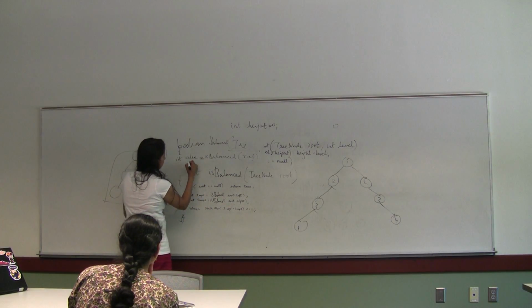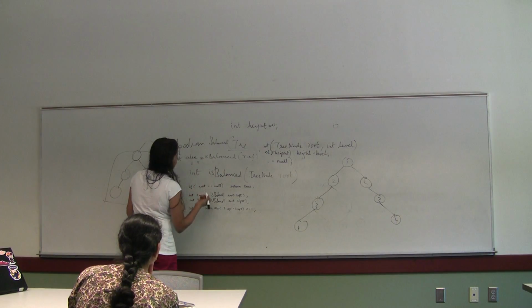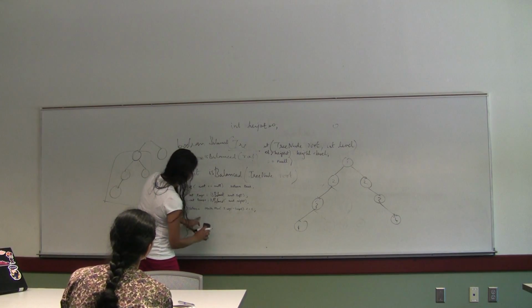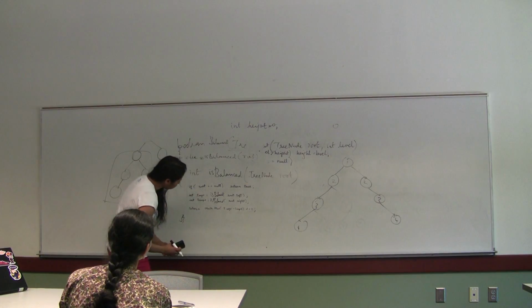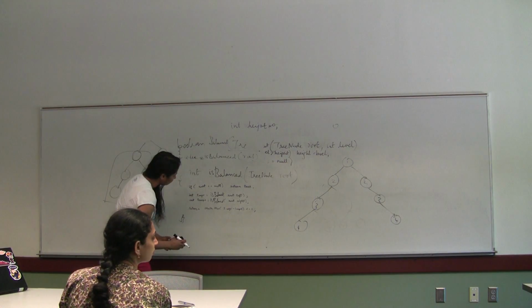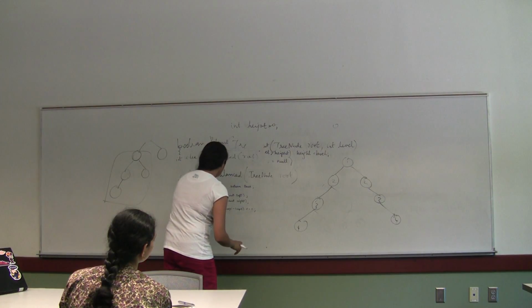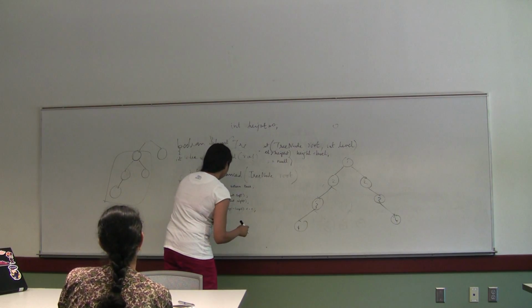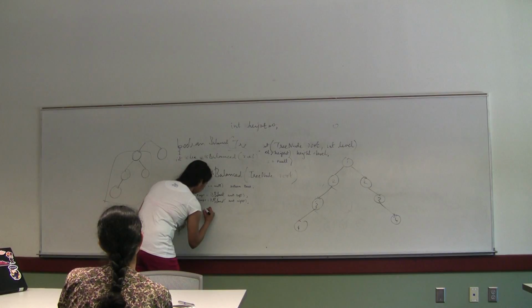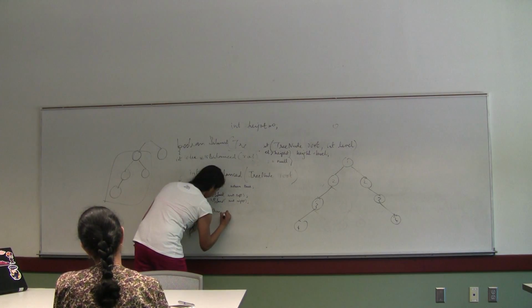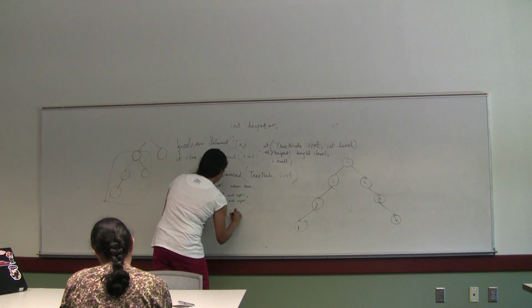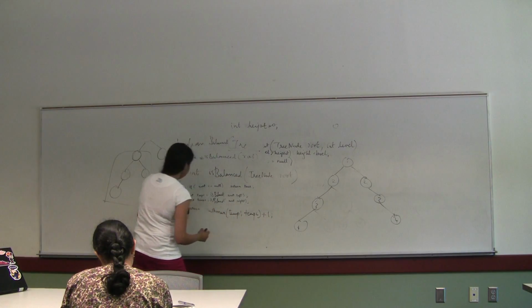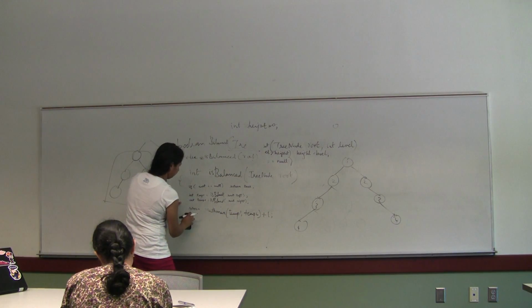So instead of saying return Math.max, I'm going to write the height function here itself: Math.max of temp1 comma temp2 plus 1.